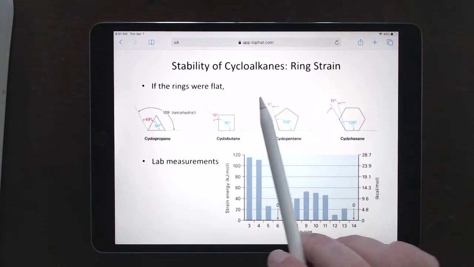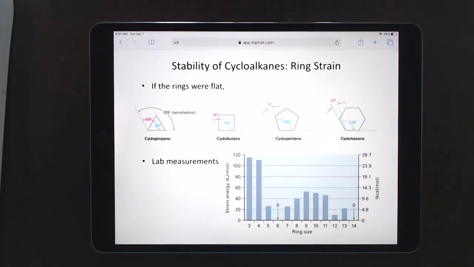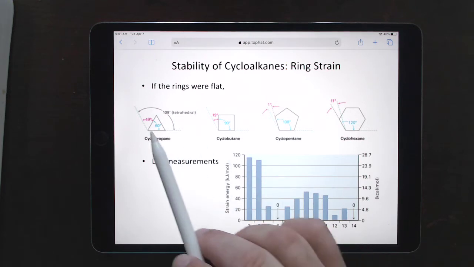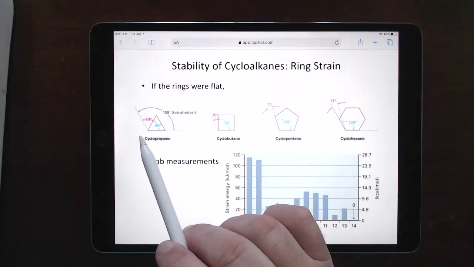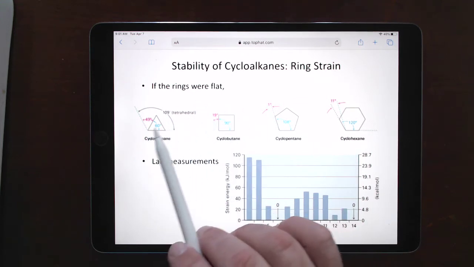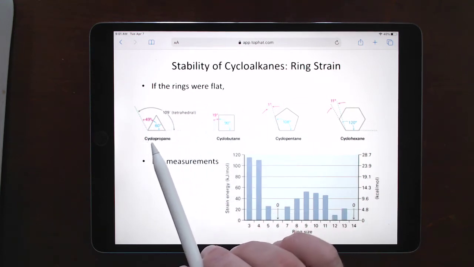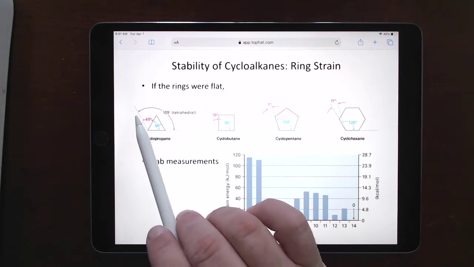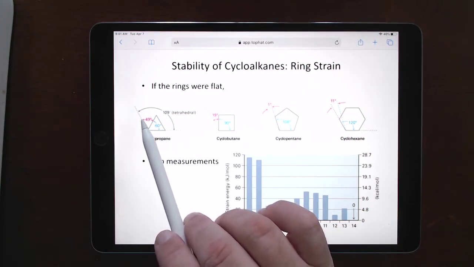Okay, so for cycloalkanes, we're going to talk about steric and what's called ring strain. Ring strain is how much you're putting a bond out of what should be the normal 109.5 tetrahedral angle. It's sort of like if you were to bend your shoulder backwards.